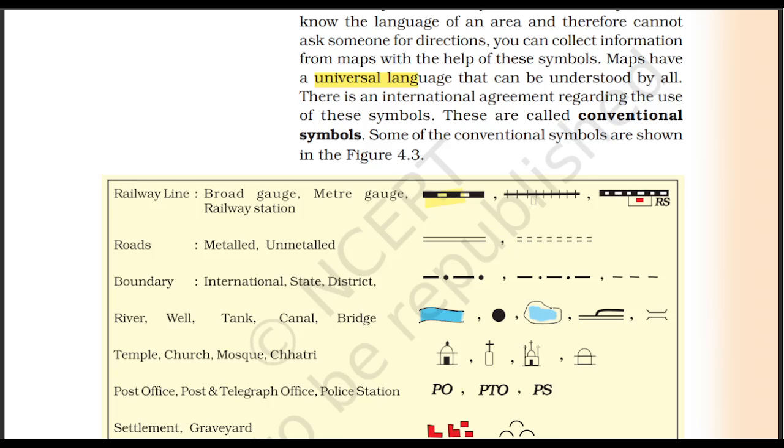This is a railway station, RS. Road: metalled and unmetalled, this is metalled and this is a non-metalled or kacha road. Boundary: international, state, district. River is shown like this, wells like this, tank like this, canal like this, bridges like this.